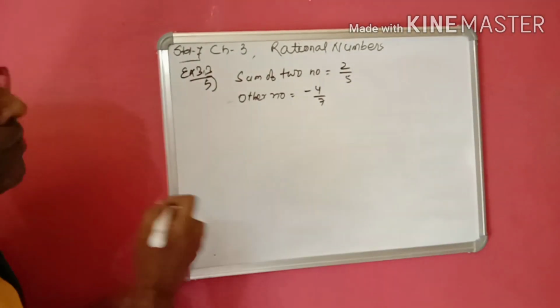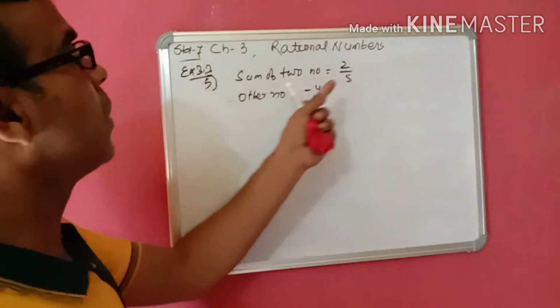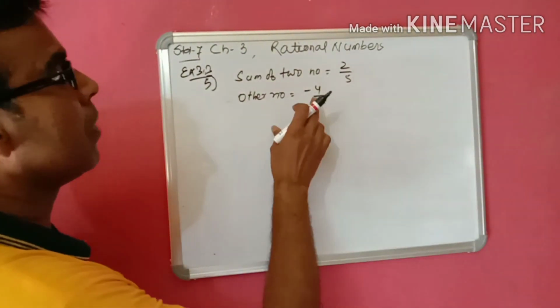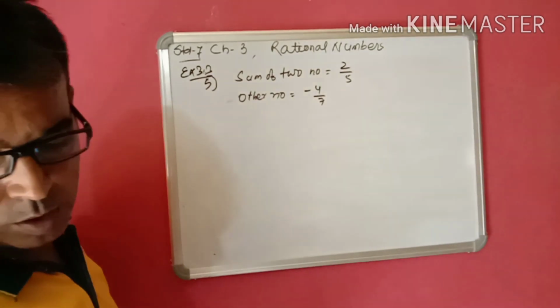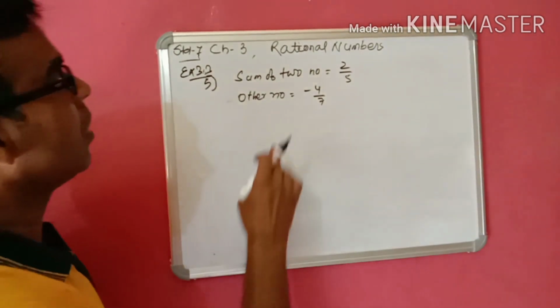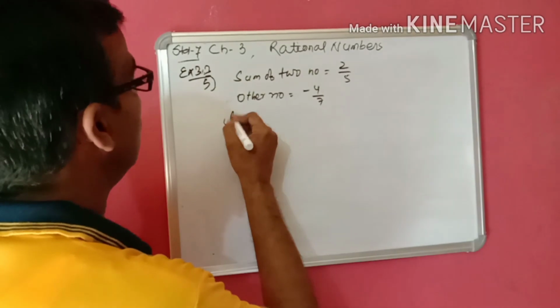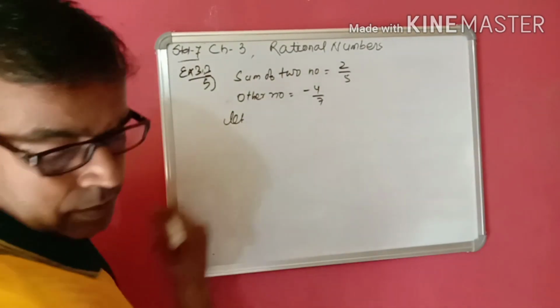Now, question number 5. It is given the sum of two numbers is 2 by 5 and one of the numbers is minus 4 by 7. Find the other number.